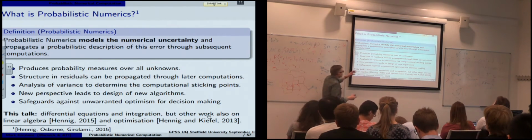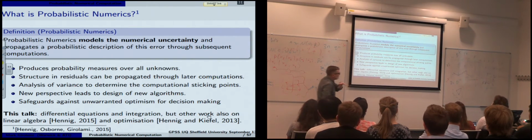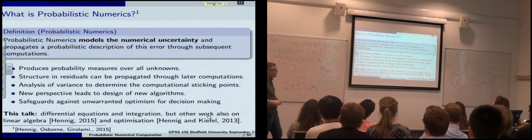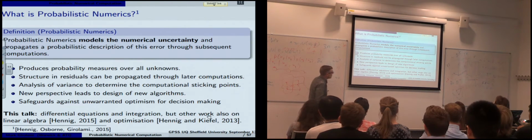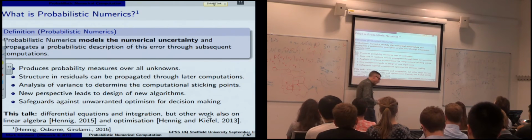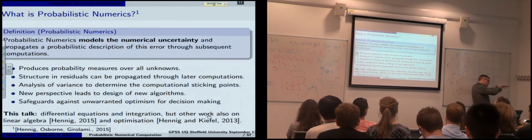The residuals will have structure in them, which again can be propagated through to subsequent computation, and I'll give an example of that later on. And the other thing is that for the sorts of models that we're dealing with, we have collaborators in the US, and they're modeling the flow of the ice sheet and the polar caps.